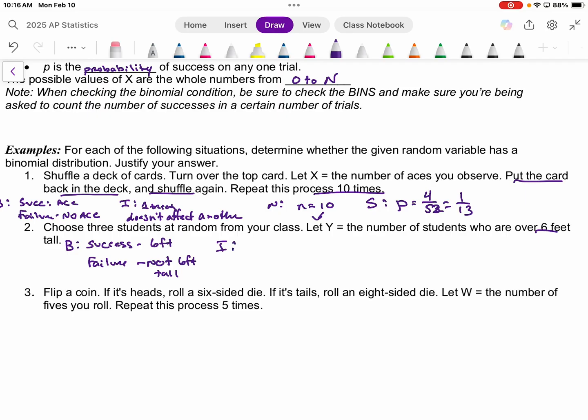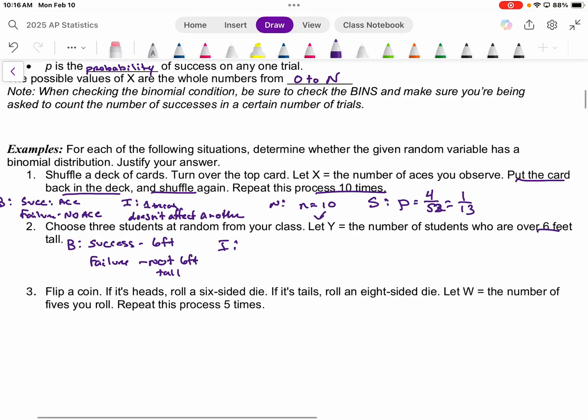The I's, well, here's the thing. I am choosing 3 students at random, and I don't put them back in line. So here, we would actually fail. There is no replacement here.